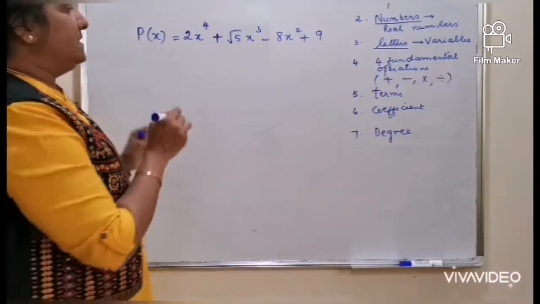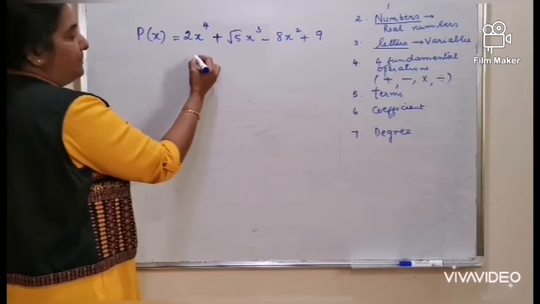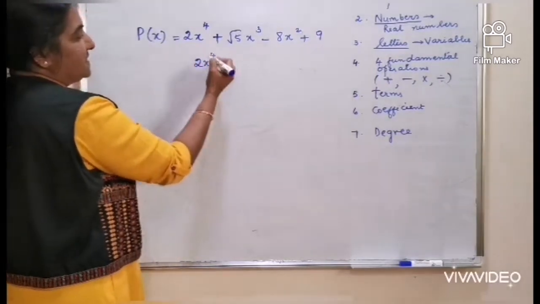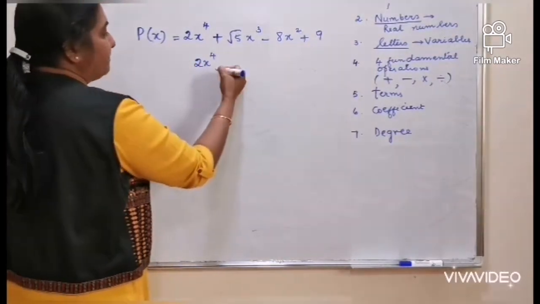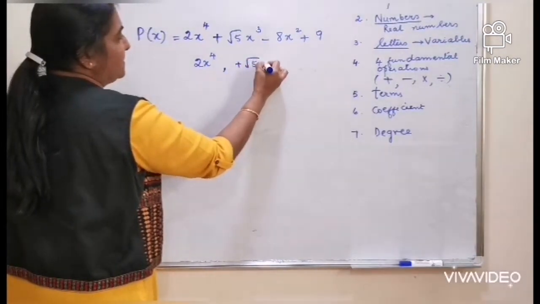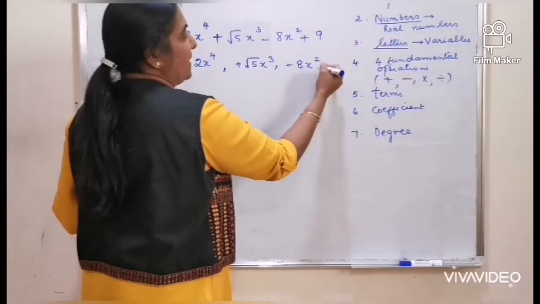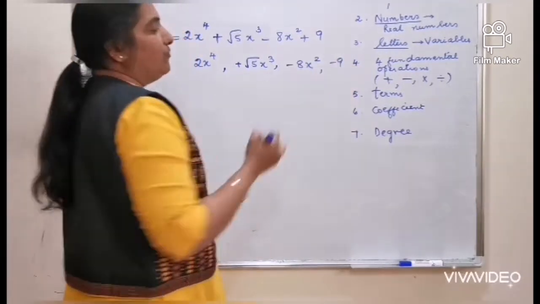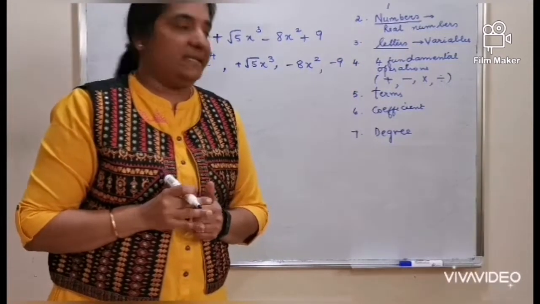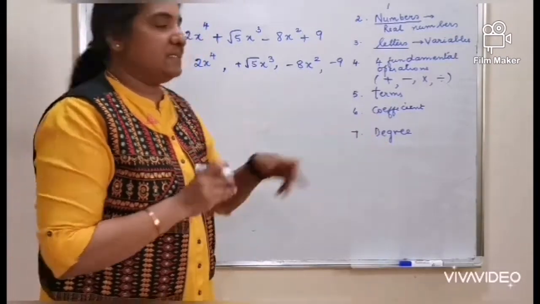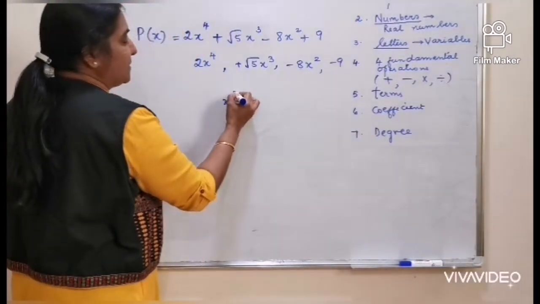What are the terms of this polynomial? The first term is 2x to the power of 4. Second term plus root 5 x cubed. Third term minus 8x squared, and the fourth term plus 9. What is the coefficient of x cubed?